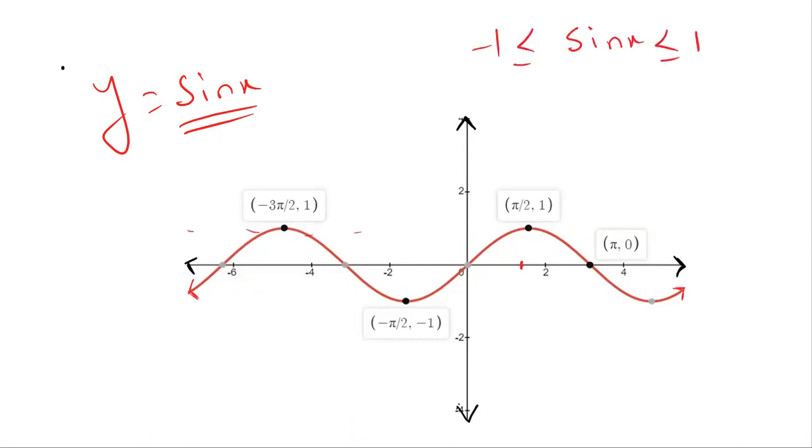So the graph will never go upward than 1. It can never be greater than 1, and it can never be less than -1.